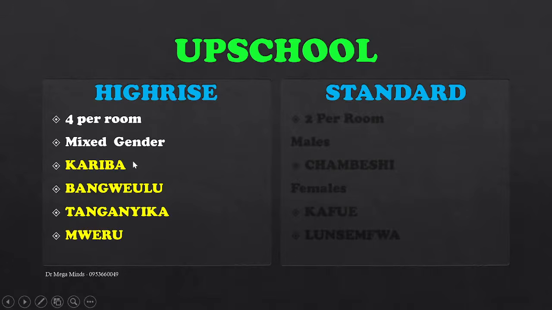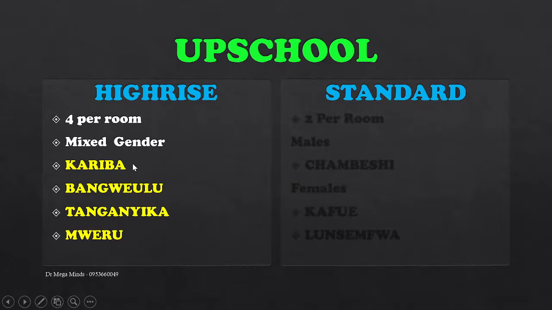Their rooms are usually reserved, because it can be quite challenging settling in a country where you are not so familiar. Finding a boarding house would be something. So they get this privilege. A lot of international students are found in Kariba.